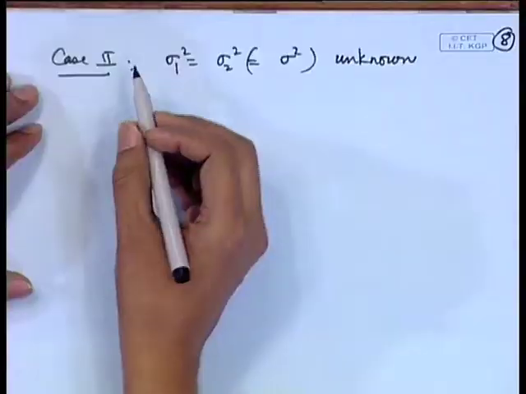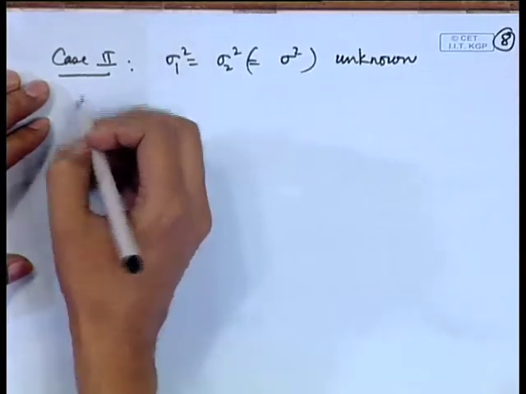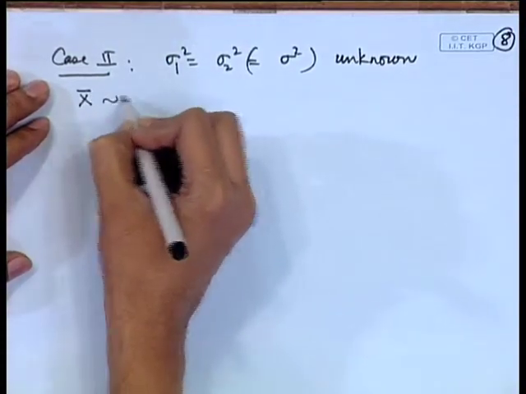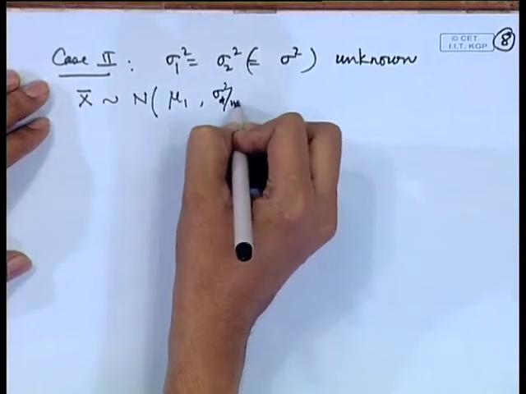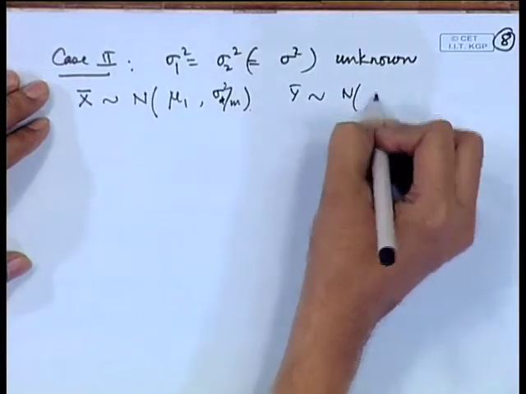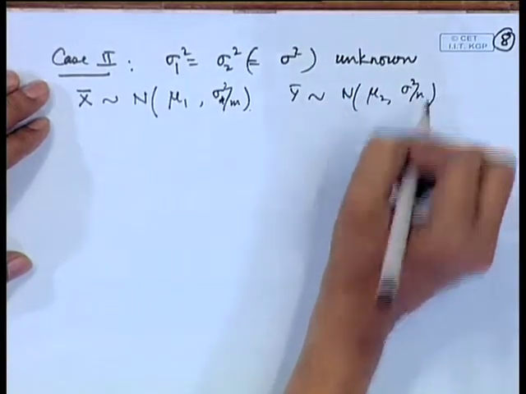For example, if we conduct a test and the test paper has a certain difficulty level, and we conduct it on two different sets of students, the average marks may differ, but the variability may be the same, because the test procedure is the same, we are using the same test. So, in such a situation, we may make use of the fact that x bar follows normal mu 1, sigma square by m, and y bar follows normal mu 2, sigma square by n.